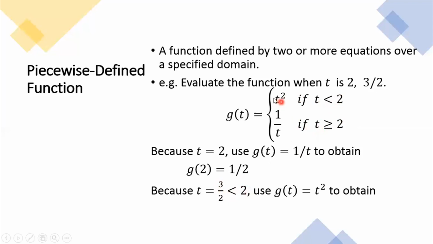So this is now your g of t if this domain is satisfied. Since you are asked to find g of 3 over 2, we just simply substitute 3 over 2 to the given expression. So g of t is equal to t squared. To obtain that, we substitute 3 over 2 to the first expression. This is equal to quantity 3 over 2 squared, which is equal to 9 over 4. So this is how we evaluate the given function.